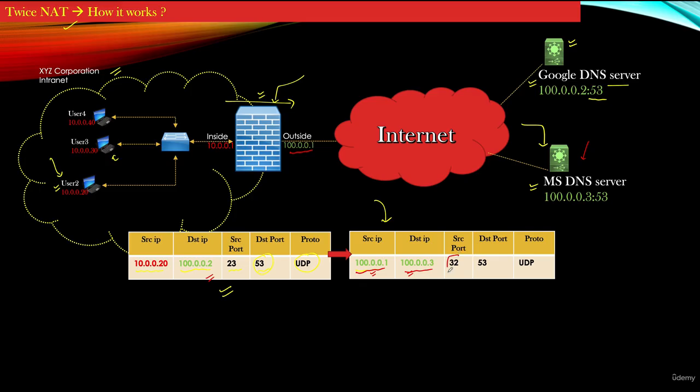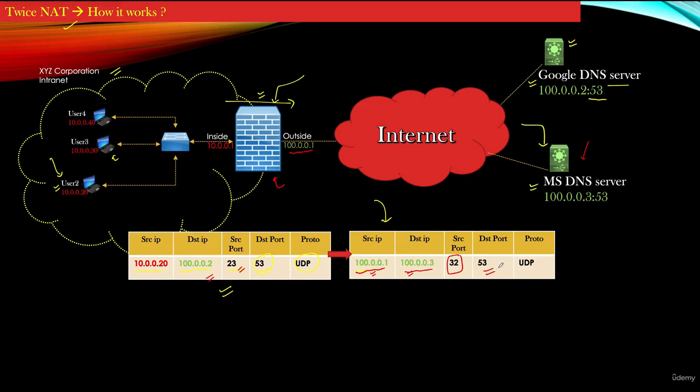Now the source port number is something that is randomly generated by this firewall. The original source port number has been replaced by a source port number which is dynamically or randomly generated by the firewall device, right? So you can see that even the source port number is undergoing translation and the destination port number remains unchanged.